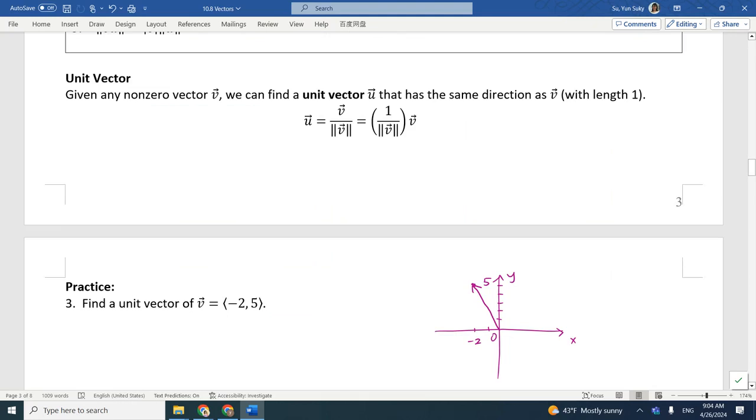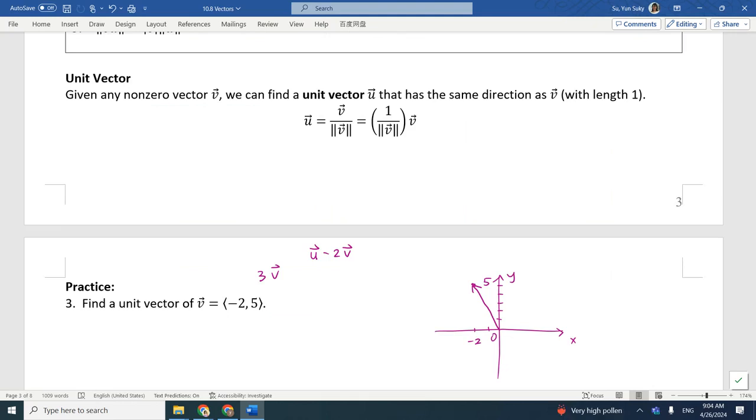And if your homework asks you to find 3v, or maybe I give you another vector u and you compute u minus 2v, how do you find those? Last time we talked about vector operations. When you multiply 3 times a vector, you distribute the 3 to each component. So you can compute the vector 3v in component form, then you can draw the vector.